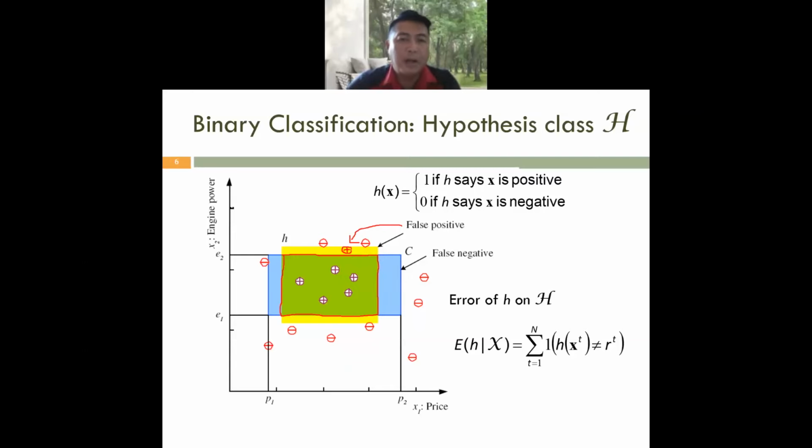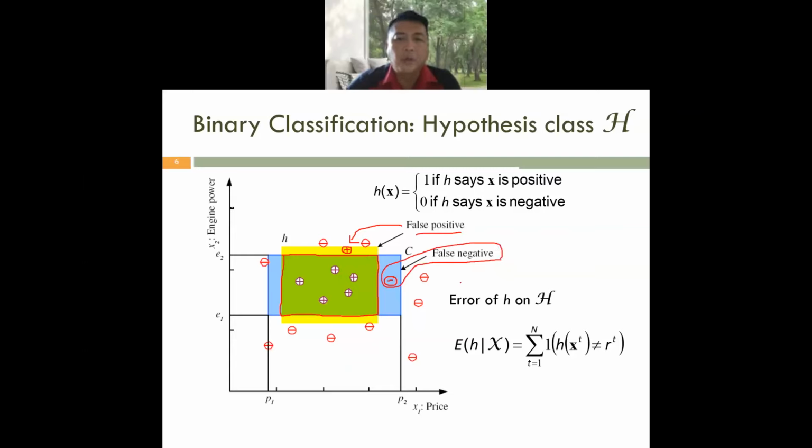They are considered as positive based on the hypothesis, but they are not positive. Similarly, in the area at this side, if they fall outside here, they are called negative, but if you compare with the blue box, they are actually positive. So the hypothesis says this is negative, which means this is false negative.